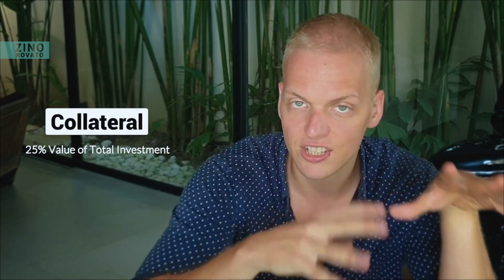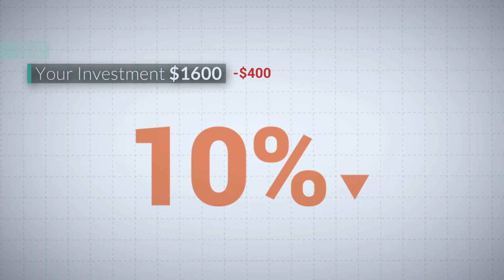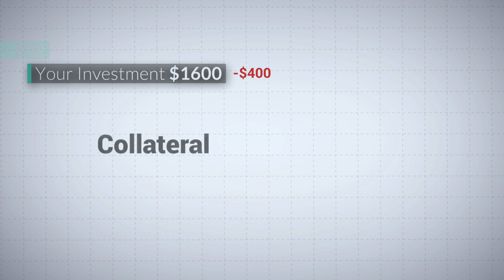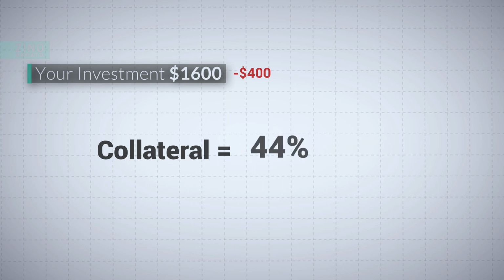So let's take back that example and it goes down by 10%. What is your collateral there? So your total investment now is $1,600 because it went down by 10% and the total investment value is $3,600. So the collateral that you have is $1,600 divided by $3,600 total investment value, which is 44%. That is well above the maintenance margin that you need to have of 25%.